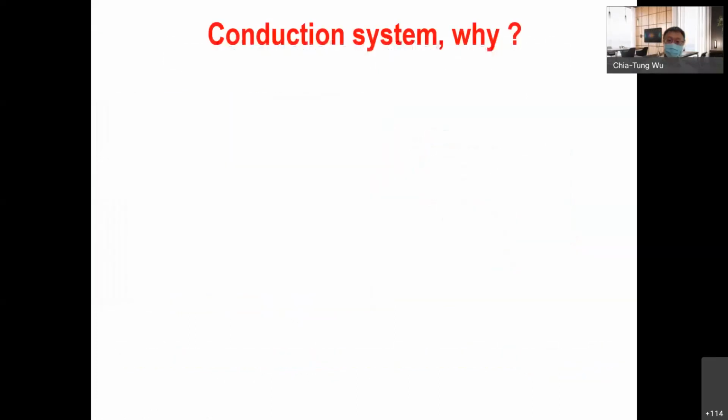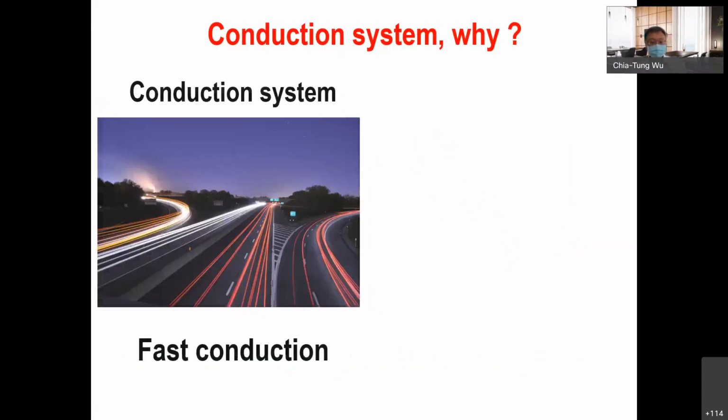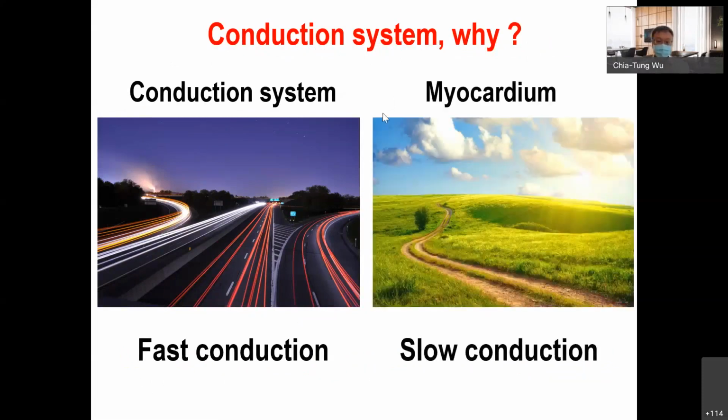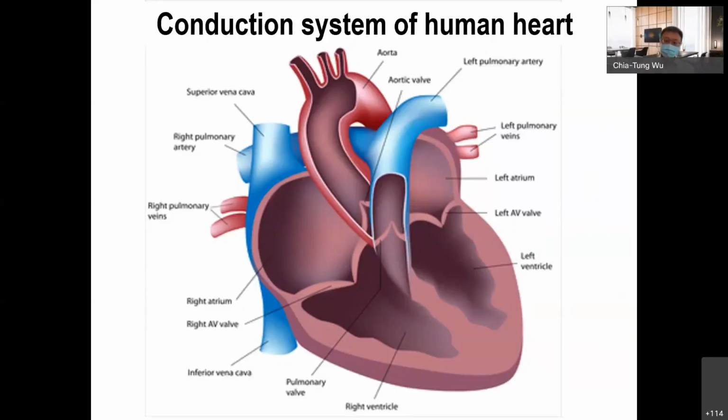To make every myocyte work together, we need our conduction system, because the signal travels very fast in our conduction system. If we don't have any conduction system, the signal travels very slowly, so the myocytes contract one by one.